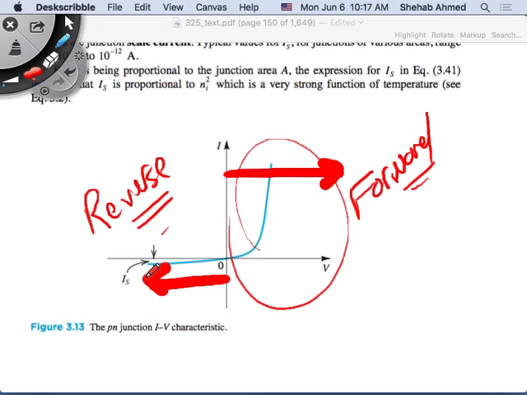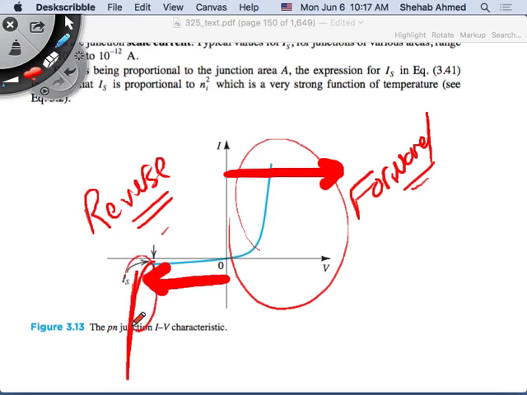At some point, you make it so easy that they travel right through the junction without any problems. Express highway all the way through, and they actually start colliding with atoms on the other side, and they break their covalent bonds. So at some point you do that, and then it causes breakdown here.